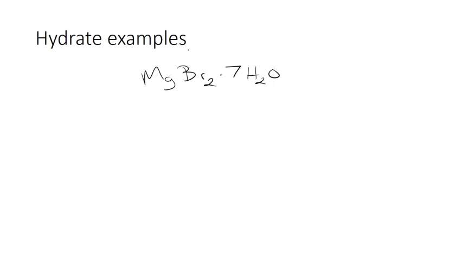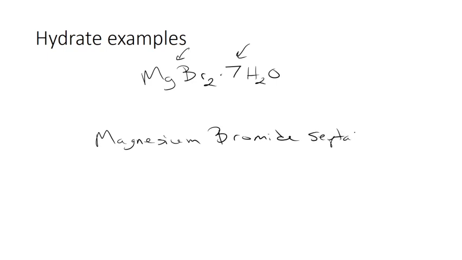This is a simple ionic compound, magnesium bromide. Magnesium bromide. And then we've got these waters over here. In fact, we've got 7 of them. So when we look at the prefix for 7, sept. So we have septahydrate. Just like that. That is how we do it.